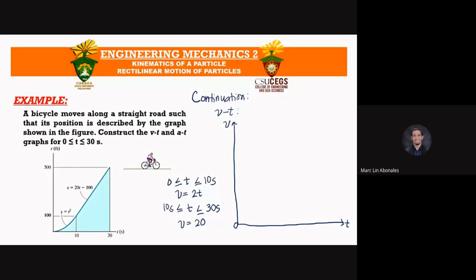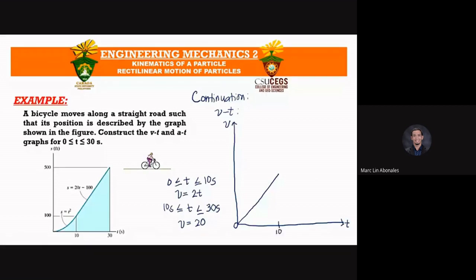So pag graph ani, ang V is equal to 2t, it is actually a linear. So pasaka na siya. So until 10 seconds lang na ang atong koan.